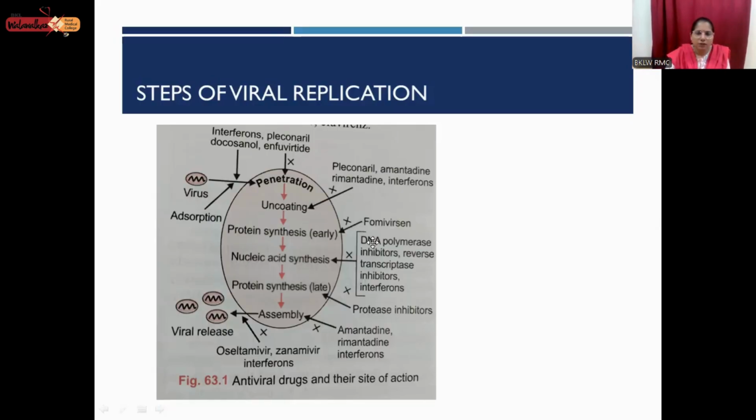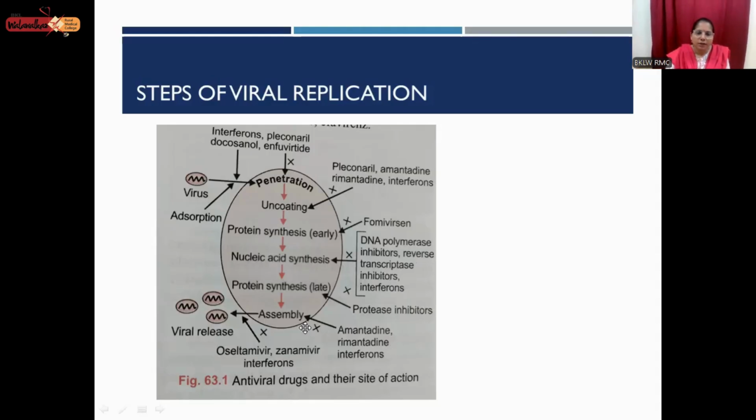Here you can see the virus cycle, and there are interferons, which act at multiple sites. This cross indicates inhibition. Uncoating is inhibited by amantadine, rimantadine and interferons. Early protein synthesis is inhibited by fomivirsen, and nucleic acid synthesis is inhibited by drugs like DNA polymerase enzyme inhibitors and transcriptase inhibitors.